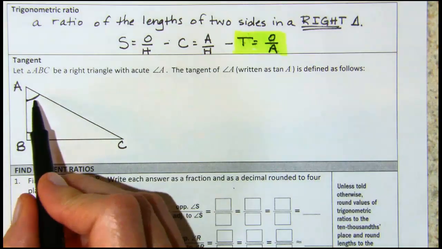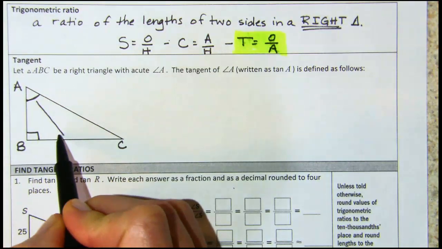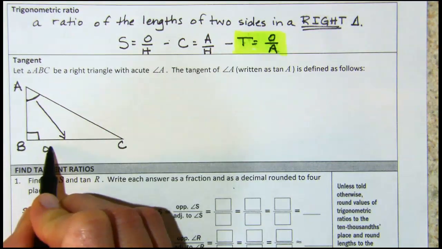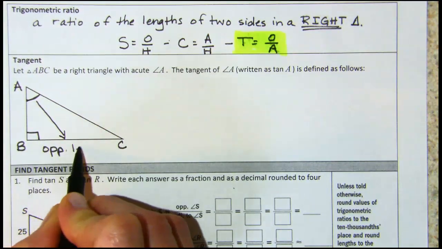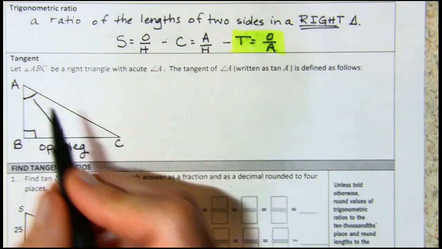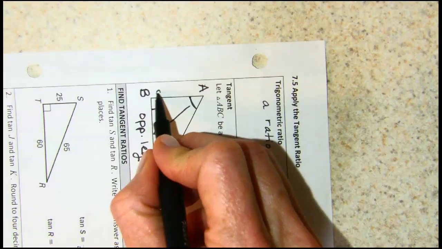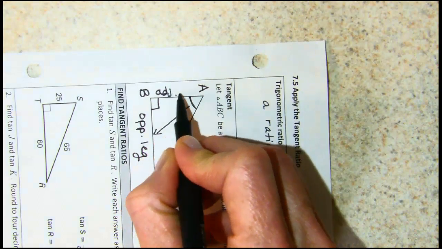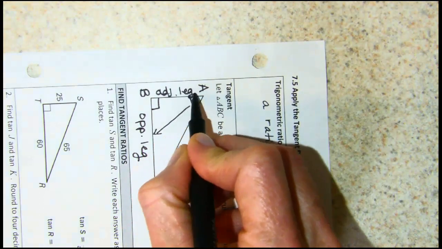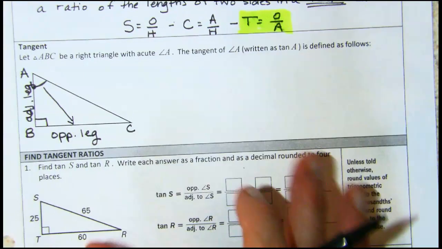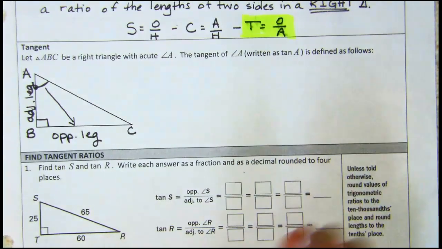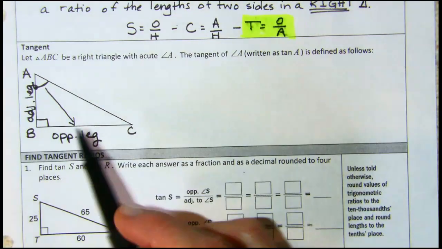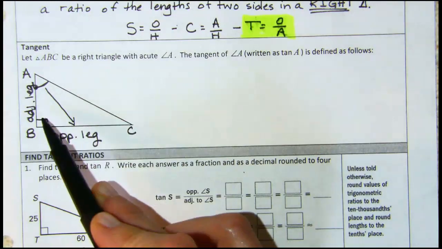So if we're doing this in regards to A, this here is the opposite leg of the right triangle, and this is the adjacent leg of the right triangle. Now for tangent, we do not utilize the hypotenuse. We only do the opposite leg over the adjacent leg.